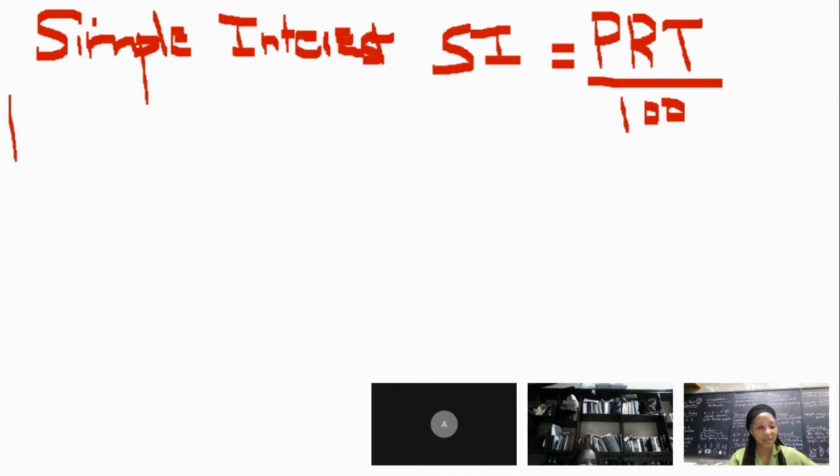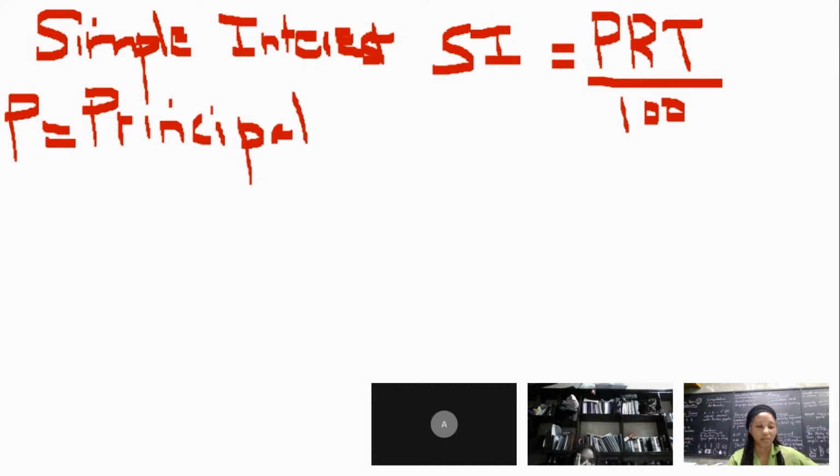So P means the principal, which is the money that is borrowed or the money that is invested. R would be the rate, percent.